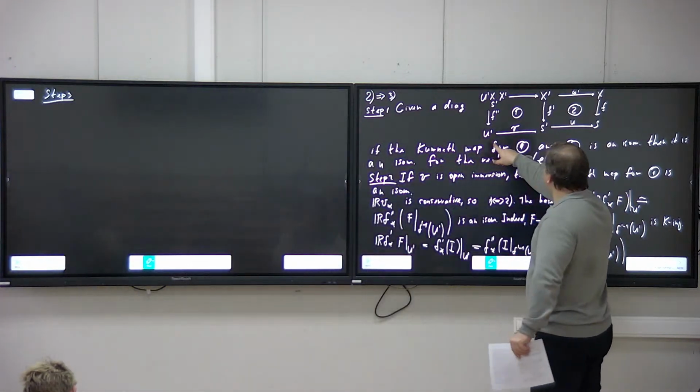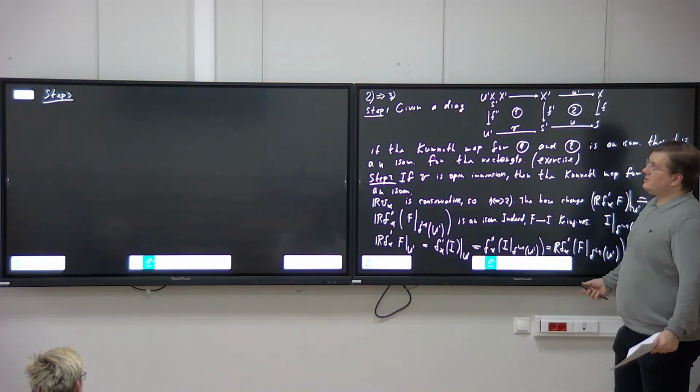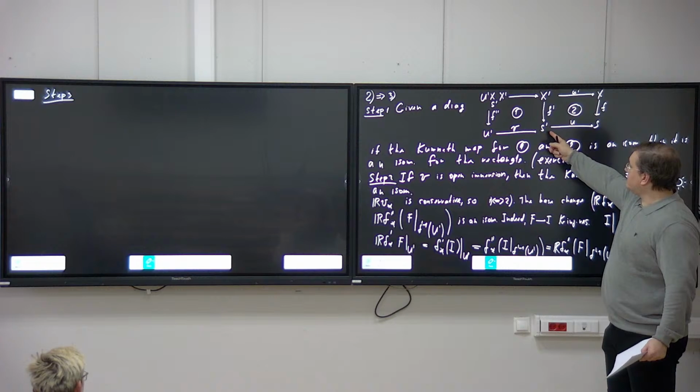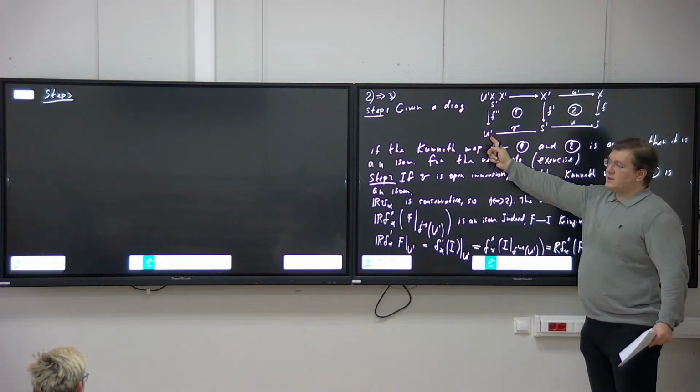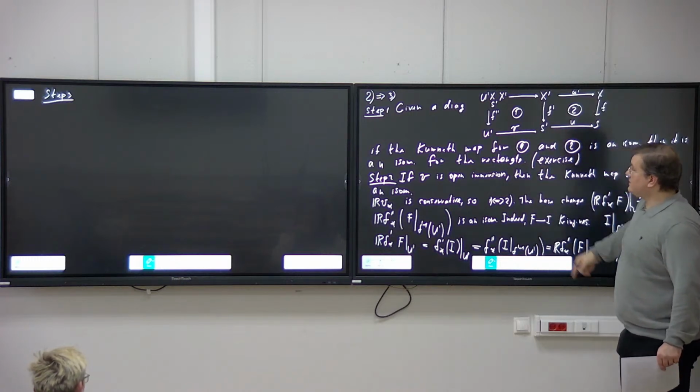So instead of considering the general S prime, I can consider just an affine open subset here, and the unit formula is still correct, right? By what we have by step 1 and step 2.